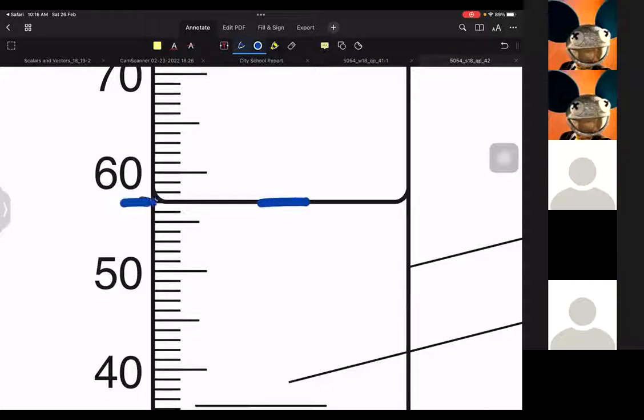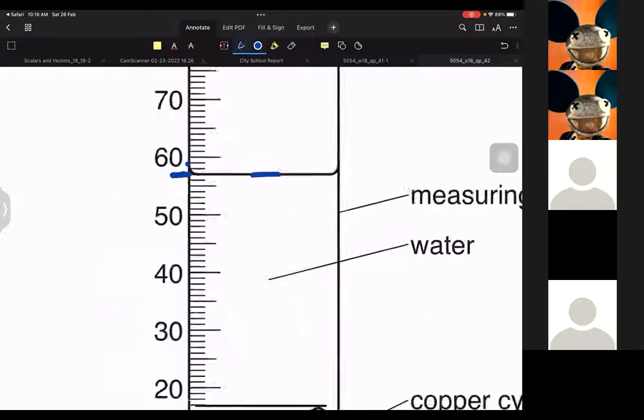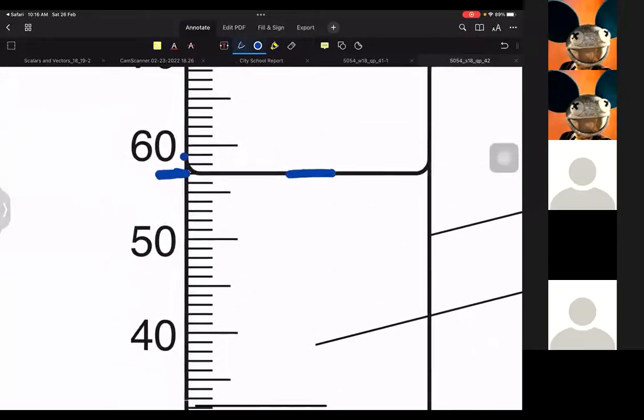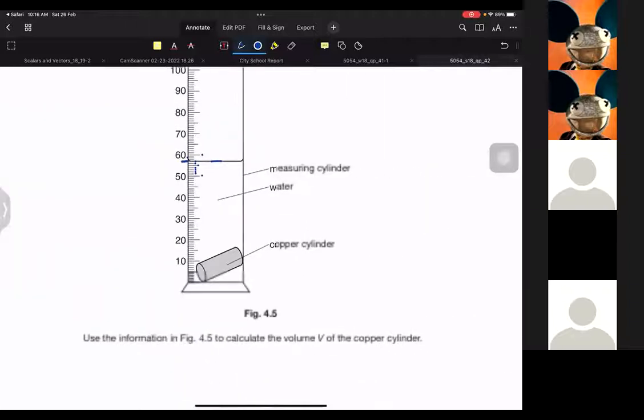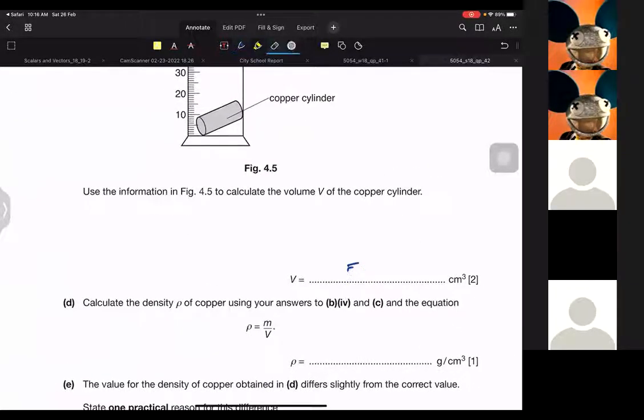So this is the reading, not this one. So don't make that mistake, okay? If I check this reading, this will be, where is it? So 10 divisions from 50 to 60, which means 51, 52, 53, 54, 55, 56, 57. Stop it here. Okay. Now this will be 57. My bad.